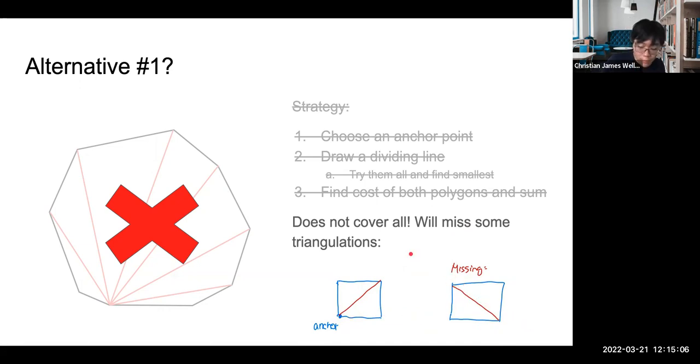And what if this was the one that has the minimum cost? Maybe this is cost 100, and this one has cost of 5. Then because of your choice of anchor point, you miss out on certain values, not all the values.